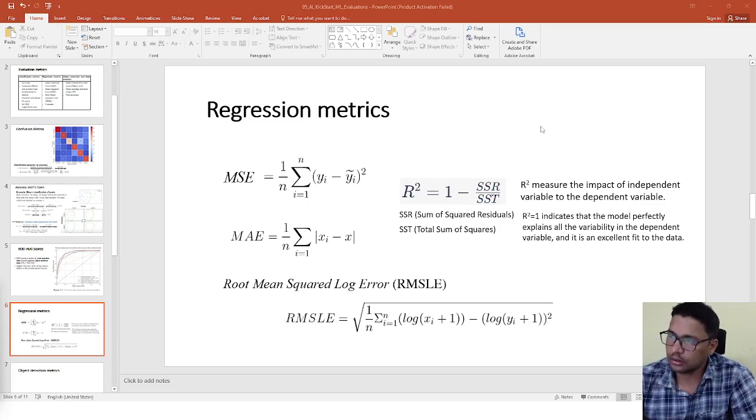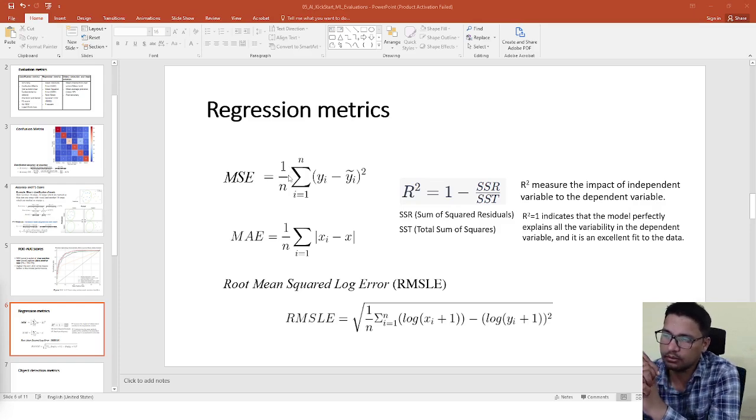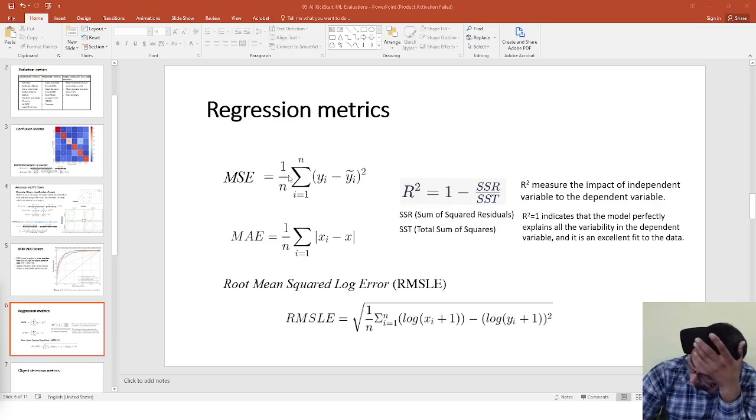Other metrics are for regression, and for regression we have four metrics. Mean square error is the difference between the actual value and the predicted value, and we square this difference. If we have n samples, we collect all the samples and take the square of the differences.